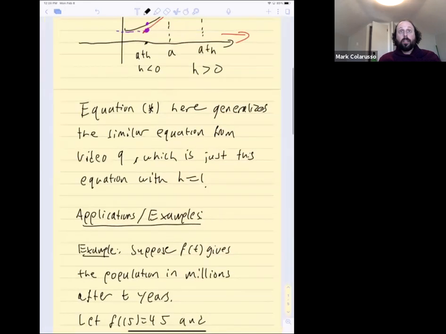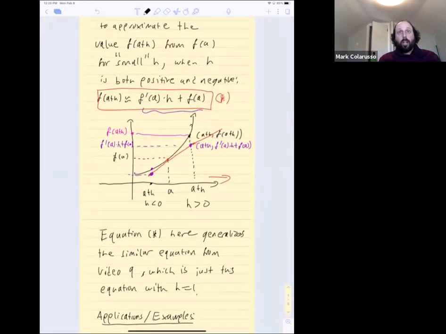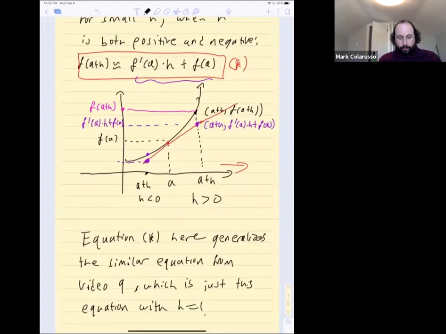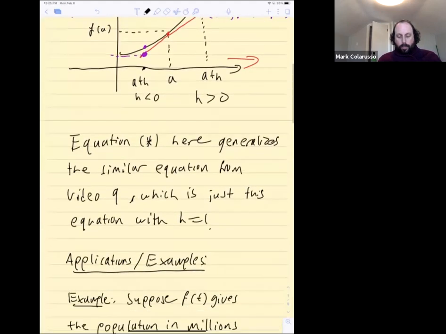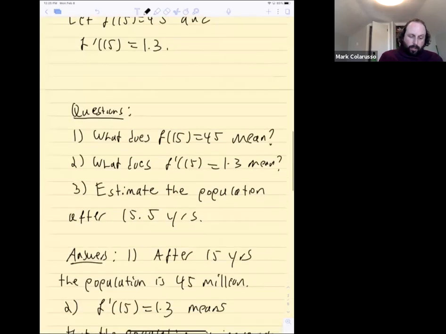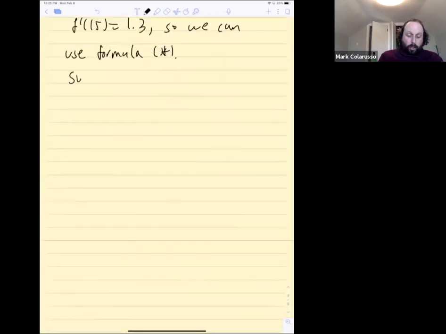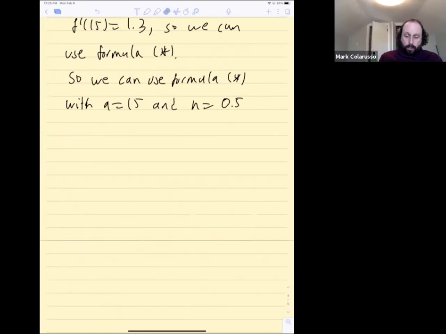There it is. We can use this formula star with a equals 15 and h equals 0.5, or 1/2, to obtain the estimate.